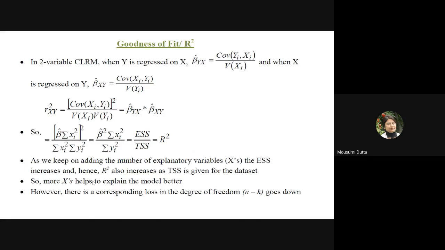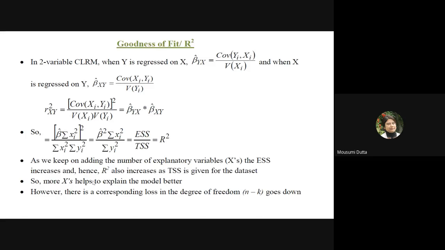Since in the ANOVA context, when I consider the total variation in yi, there is an explained part and an unexplained part, I have to consider the idea of goodness of fit: how large the explained part can be.